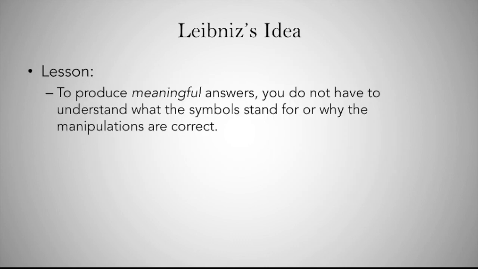And so the lesson then is that to produce meaningful answers, you don't have to understand what the symbols stand for or why the manipulations are correct. You just have a system that is set up so that mechanical manipulations purely defined over formal properties of symbols can only result in valid logical steps, thus respecting semantic properties such as truth or whichever meaning property you have in mind.